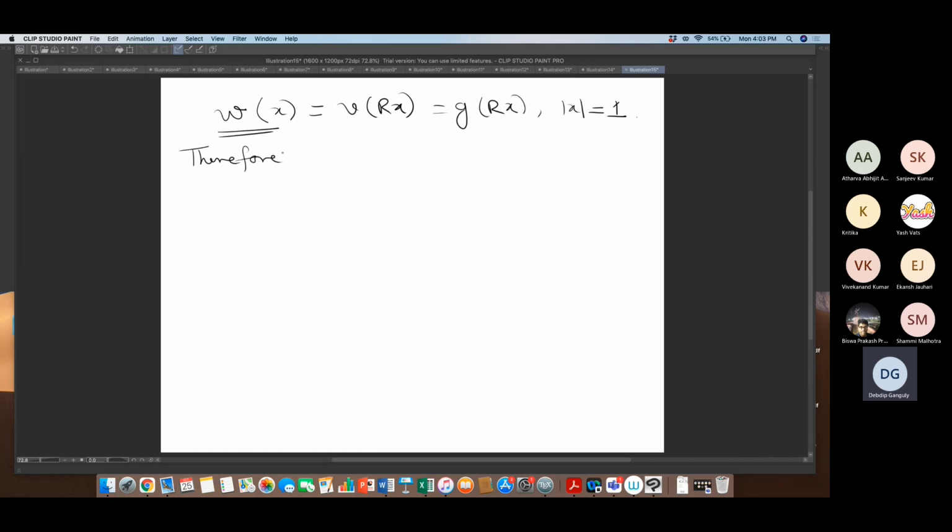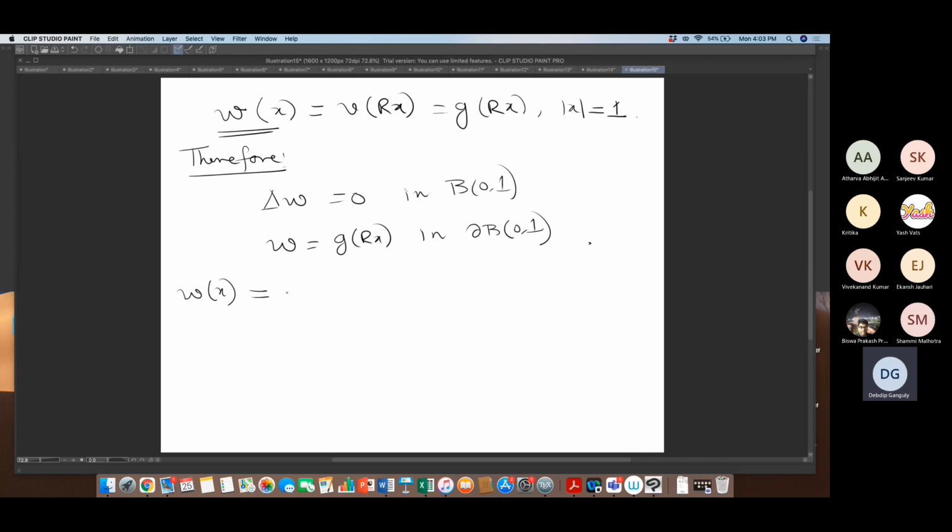Therefore we have some W which satisfies ΔW = 0 in B(0,1), just scaling, nothing else, and W = g(Rx) on ∂B(0,1).